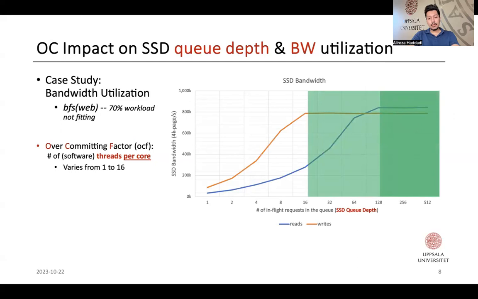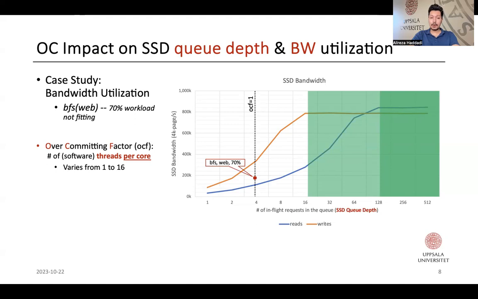So we are already familiar with this graph. This is SSD bandwidth as a function of the number of in-flight requests in the SSD queue, or SSD queue depth. Our case study was here in this graph because it could provide less than 4 requests on average in the SSD queue depth.